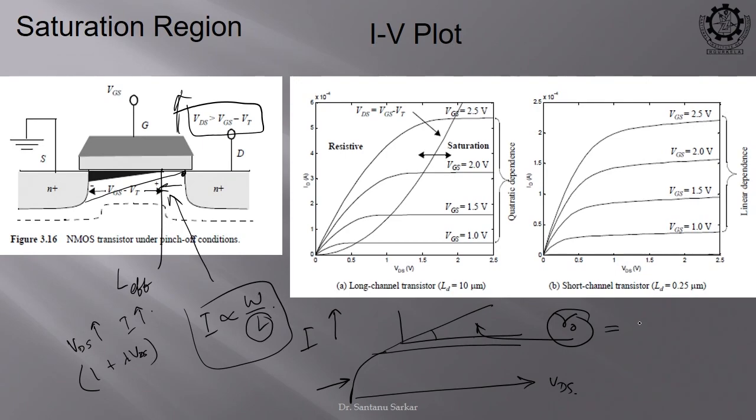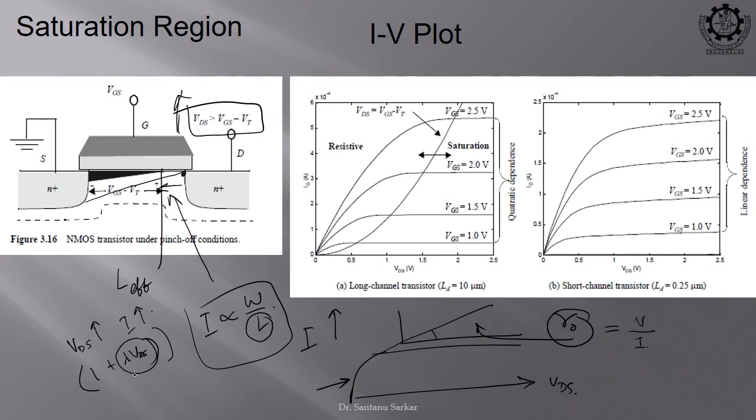This resistance, what is the unit? Voltage by current. So, what should be the unit of this lambda? You are multiplying this with a current and you are getting a current. So, the unit of lambda is 1 by V. Okay.